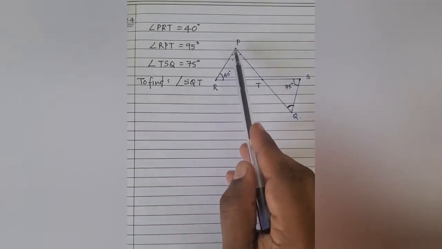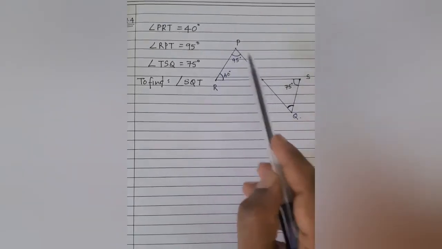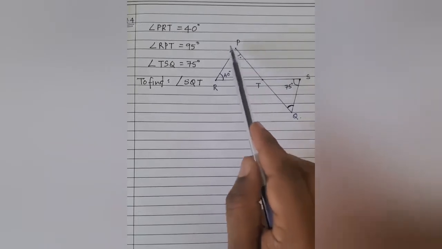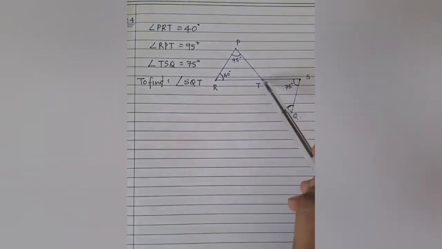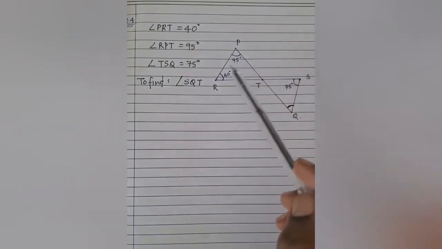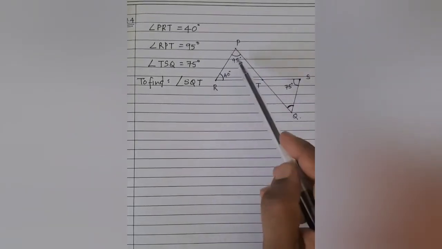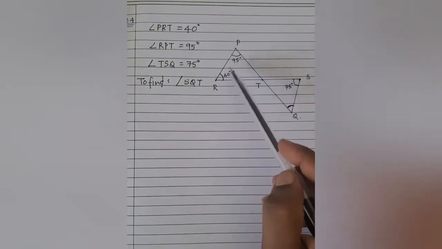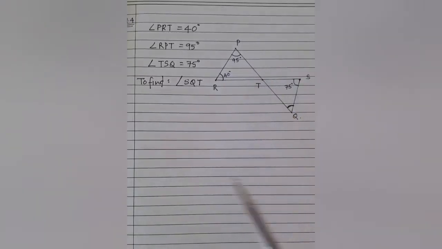You could observe over here that PRT is a triangle. Likewise, STQ is also a triangle. Now, in triangle PRT, the measure of two angles are already given. Can I find the measure of this angle? Let's find out.